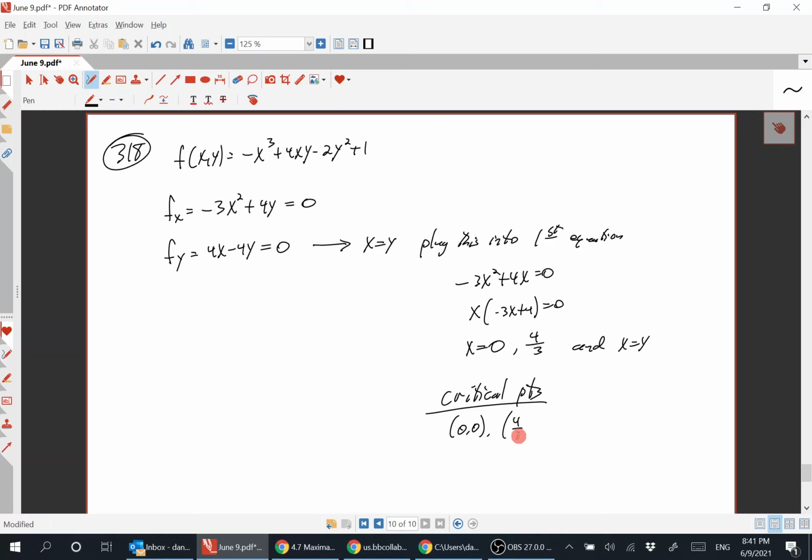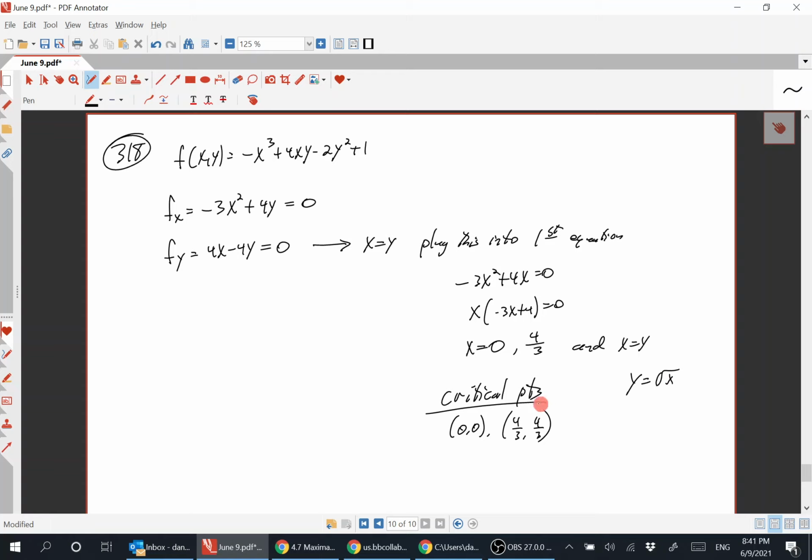Now, sometimes when you get two solutions for x, or three solutions for x, it's not always that the y's will go along with it. Here we had x equal to y, but if you had y equals square root of x, and then you had 0 and negative 4/3, obviously the negative 4/3 won't give you a y.